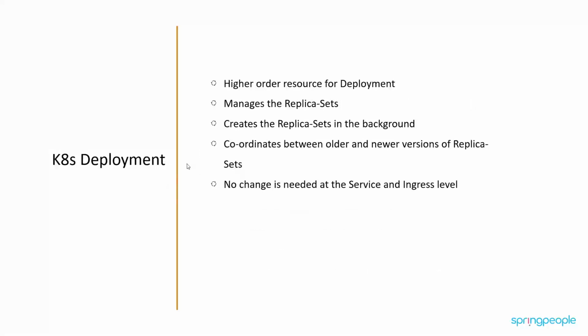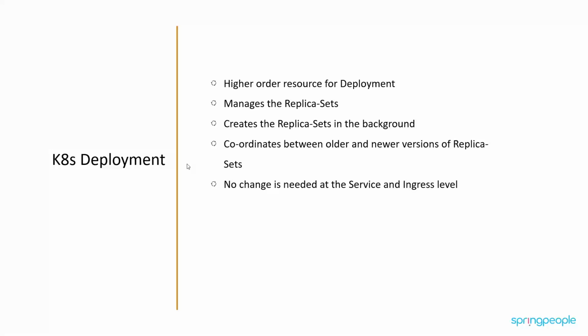So what is a deployment in Kubernetes? In Kubernetes, the deployment is a resource, just like we have pods, replica sets, and namespaces. What does it do? The Kubernetes deployment resource manages the replica sets. It creates the replica set, manages it, and does the migration from one version of the replica set to another.